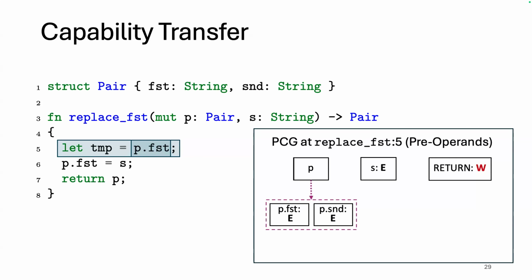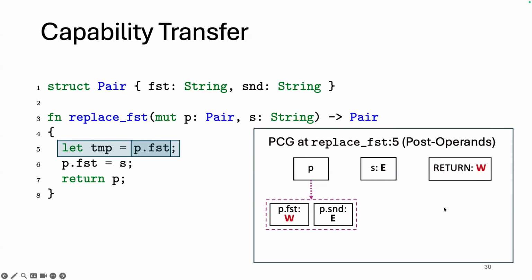And so that looks like this, where the capability from P is gone, and we now have capabilities to P dot first and P dot second. And this edge indicates where these capabilities came from. And so this is the PCG at this intermediate state, while the operands of the statement are still being evaluated. And so now after this reorganization, there is a place to get capability from.